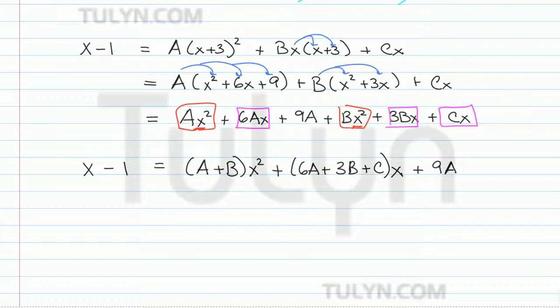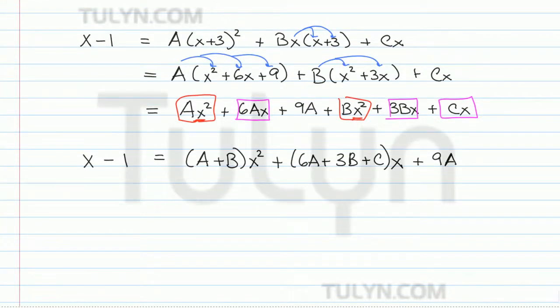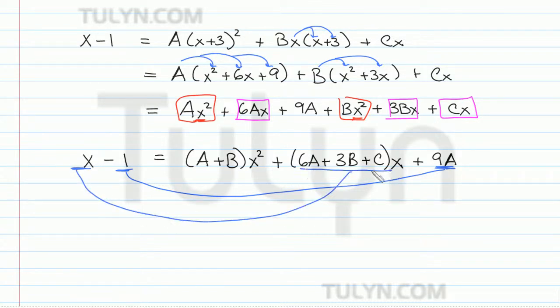So what we have to have is that the constant term here has to be equal to the constant term there. And the coefficient for this x term has to be equal to this x term. And more importantly, this A plus B times x squared has to be equal to 0, since there's no x squared term on the left.